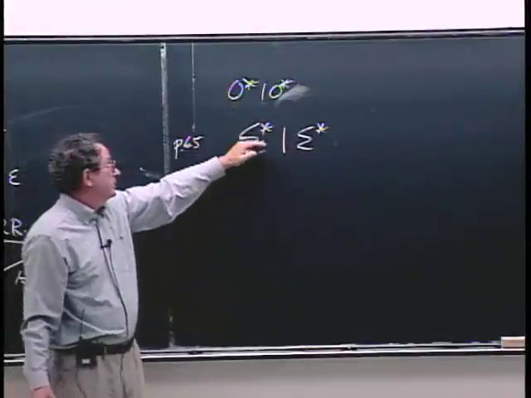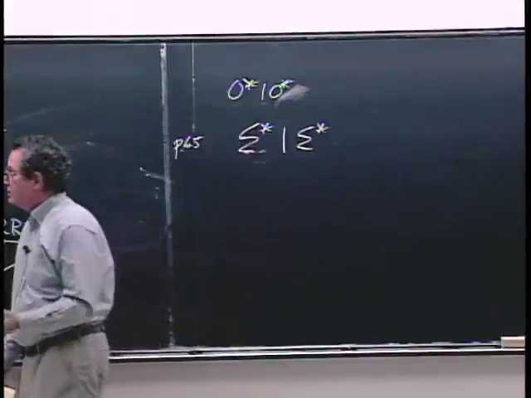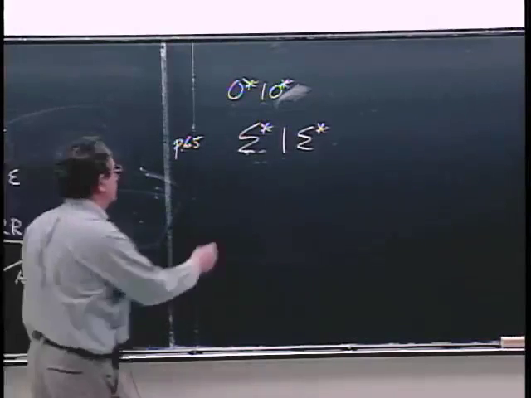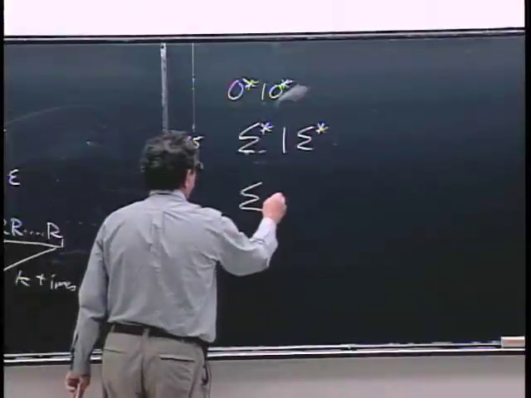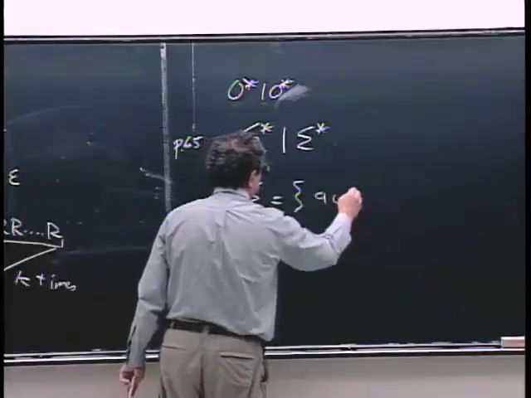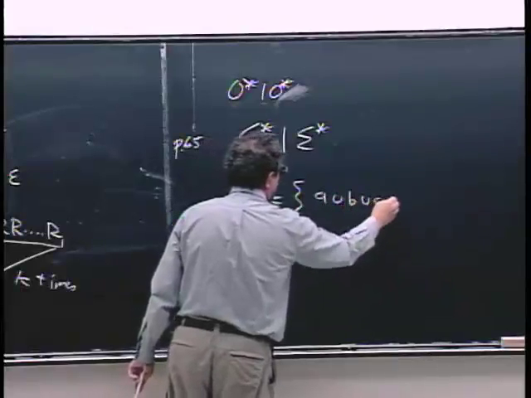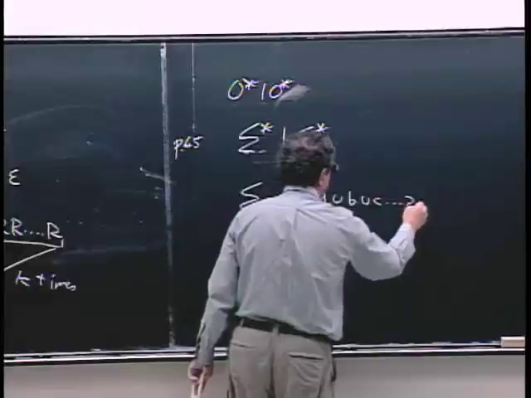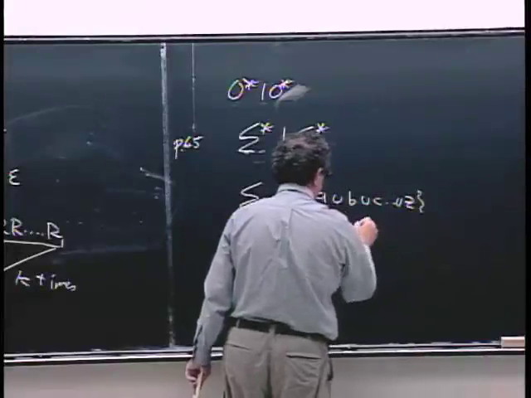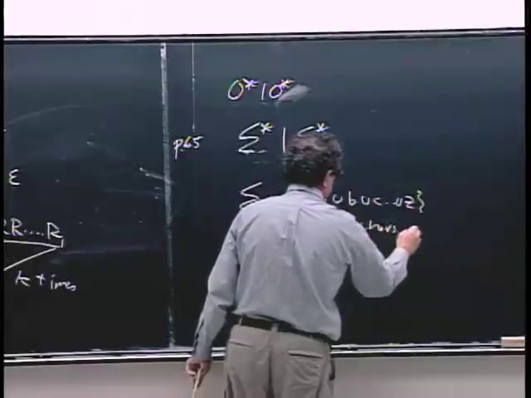And by the way, the sigma star, where does that come into the formal definition of a regular expression? Okay. Well, again, that's sort of a shorthand. The sigma, we have to think of that as the union of all the characters that happen to be in sigma.